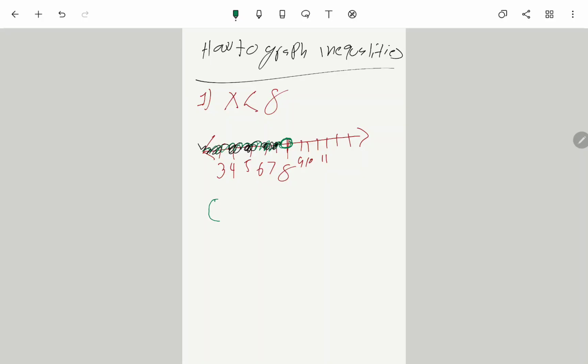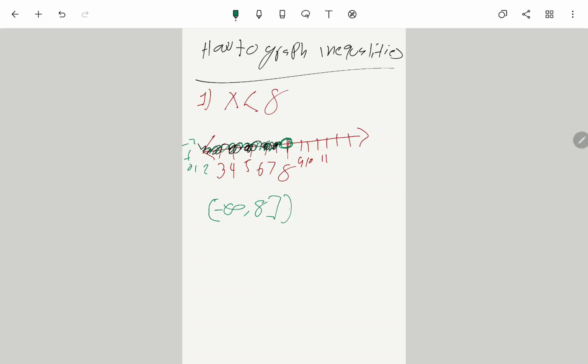Infinite, right? So it's negative infinity, because it's 2, 1, 0, negative 1, negative 2. It's infinite. So it's negative infinity. What is your last point? It's 8, right? But is it a bracket or a parenthesis?